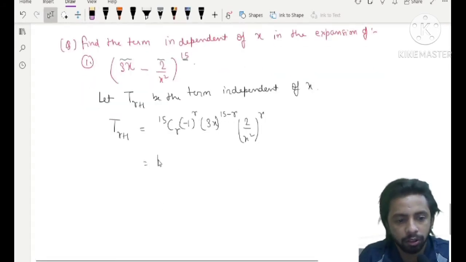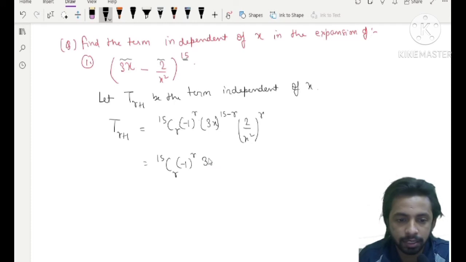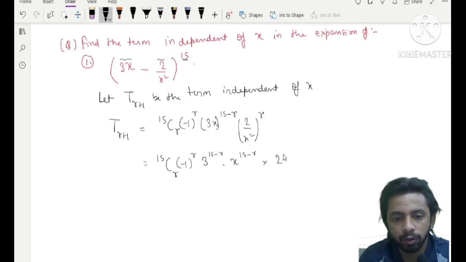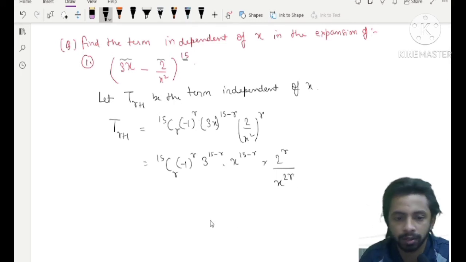So we have to solve this a little. 15Cr (-1) raised to the power r, this is 3 to the power 15 minus r into x to the power 15 minus r, and here you have 2 to the power r by x square to the power r, so this becomes x to the power 2r.